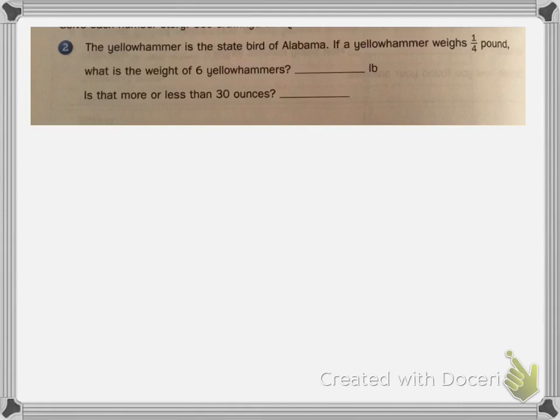The yellowhammer is the state bird of Alabama. If a yellowhammer weighs 1/4 of a pound, what is the weight of 6 yellowhammers? All right, so I see a couple keywords here. One of them weighs 1/4 pound, and we want to know how much 6 of them weighs. So we're going to go 6 times 1/4.